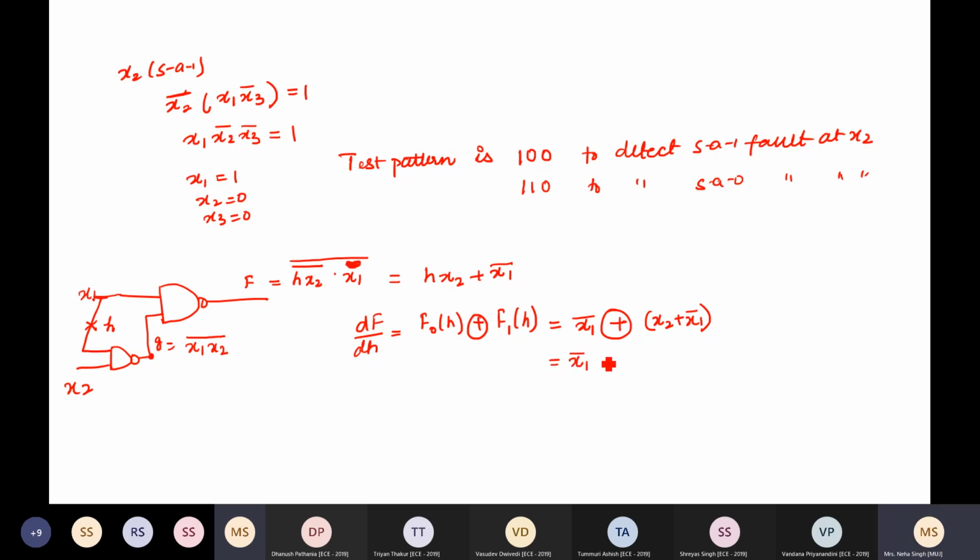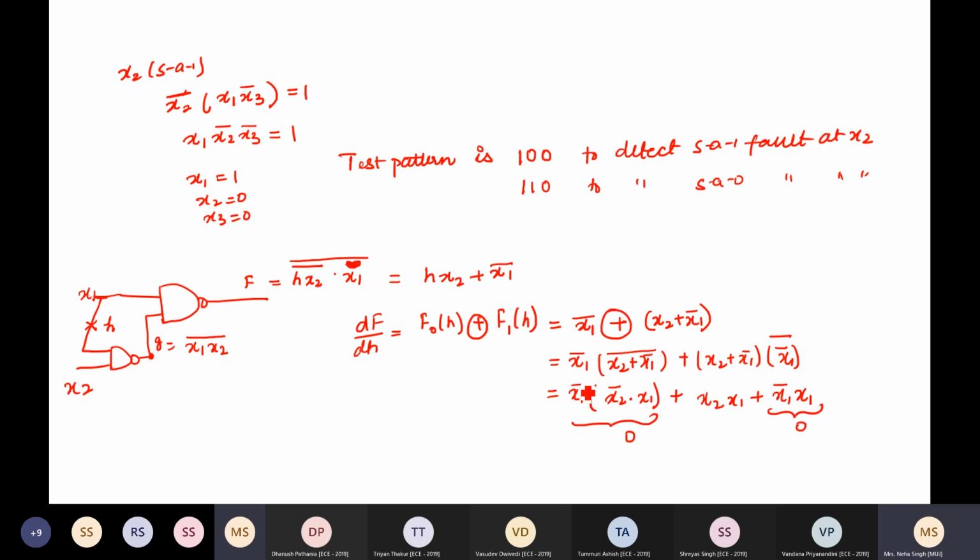The first value as it is into x2 plus x1 bar ka whole bar plus the second value as it is into 1 ke bar ka bar. Solve this. This will give you x1 bar into x2 bar into x1 plus x2 x1 plus x1 bar into x1. So this gives you 0, due to x1 bar into x1. So the Boolean difference comes out to x2 x1.